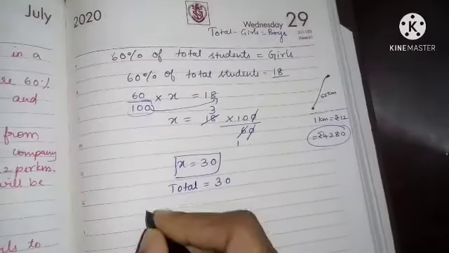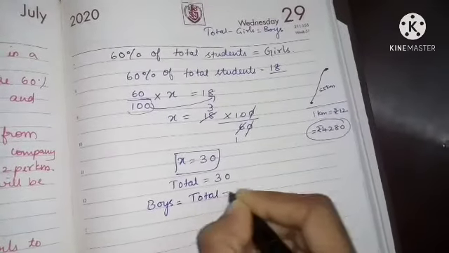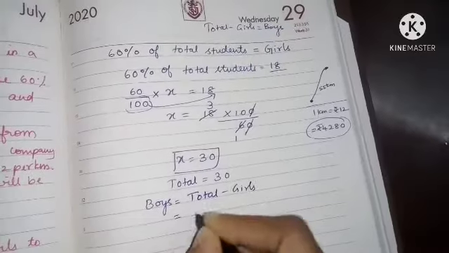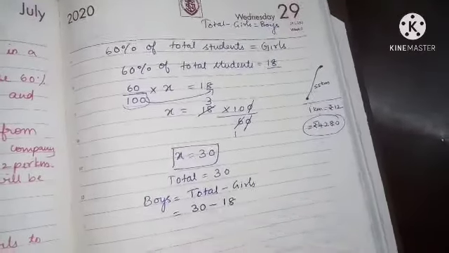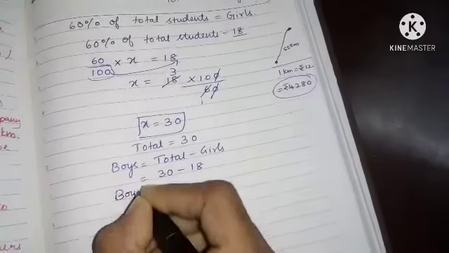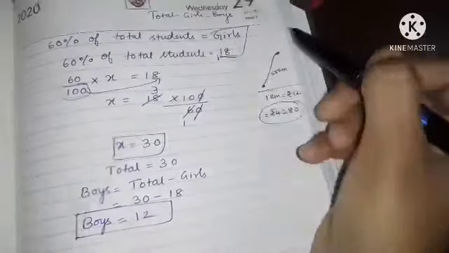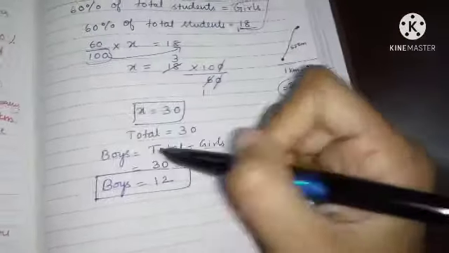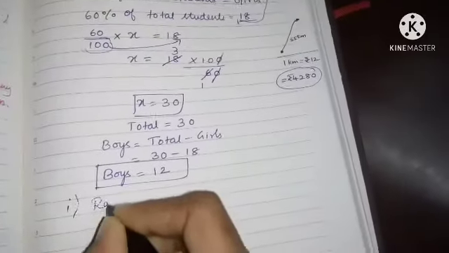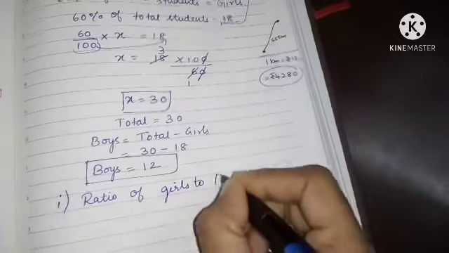So in this, boys is equal to total minus girls. Total is 30, minus girls 18. So how many boys are there? 12 boys are there. So girls 18, boys 12, total 30. Now shall we find the ratio of girls to boys?